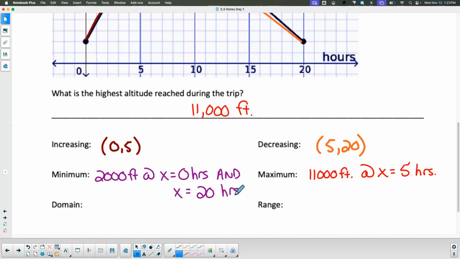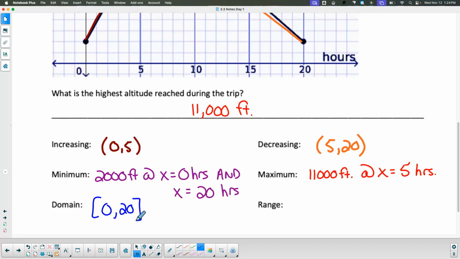What would my domain be then? 0, 20 in brackets. Yes. Very good. You made me question it too because I was thinking range.